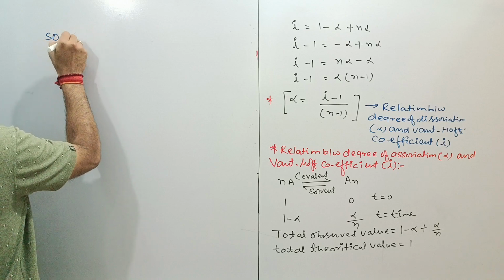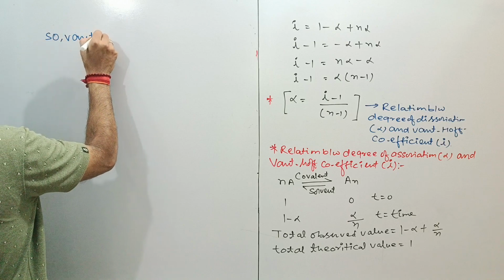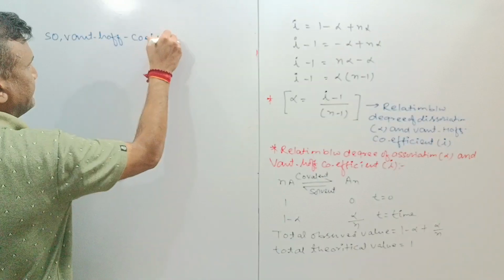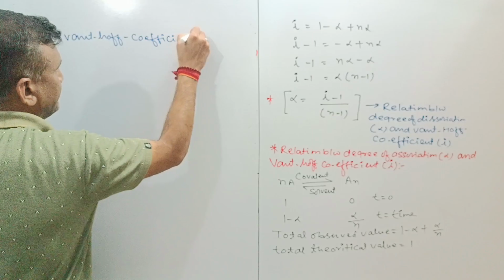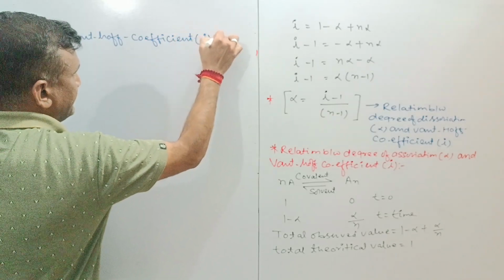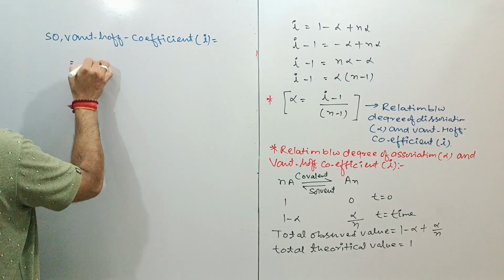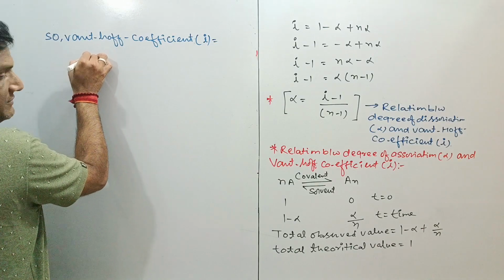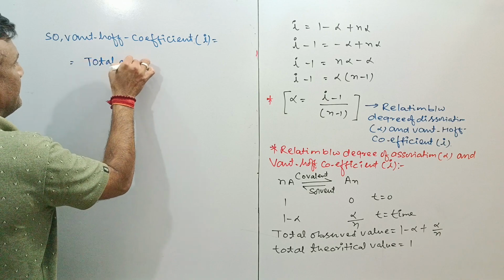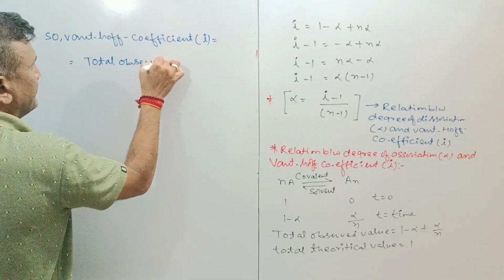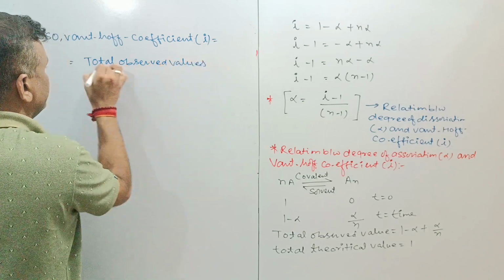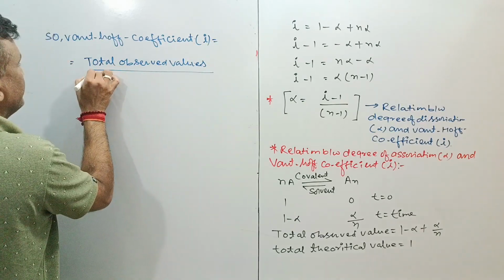The Vant-Hoff coefficient i is equal to the total observed value upon the total theoretical value.